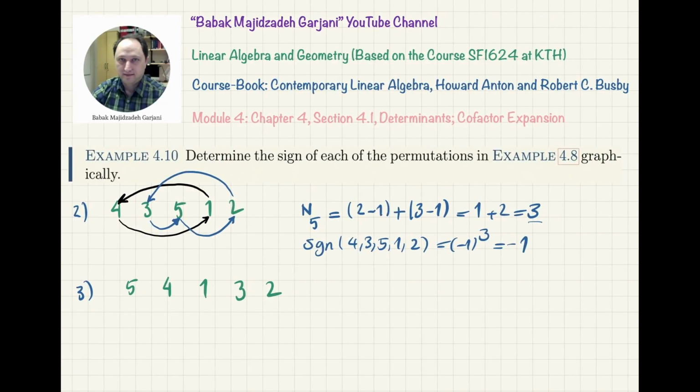Okay, so what should I do again? I start from the minimum number in my list. I move it to its natural position. Yes, so where is it? 1 should be here. And then I start with 5. Where is the natural position for 5? It's at the end of my list.